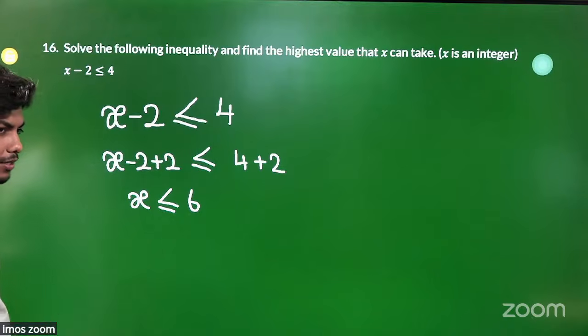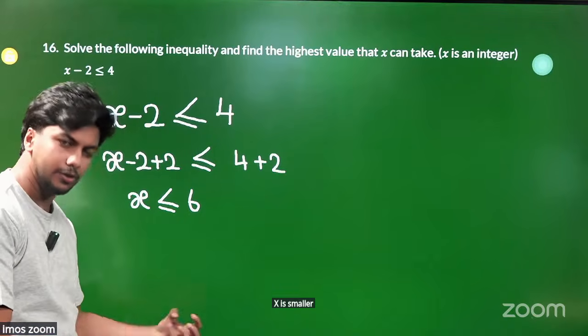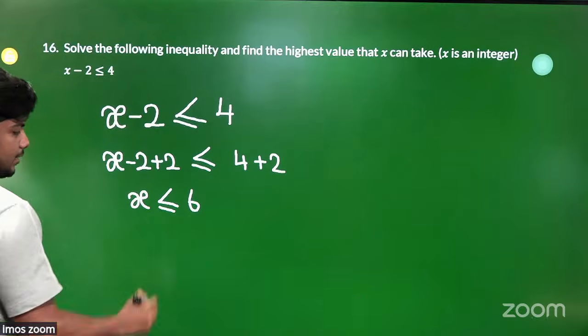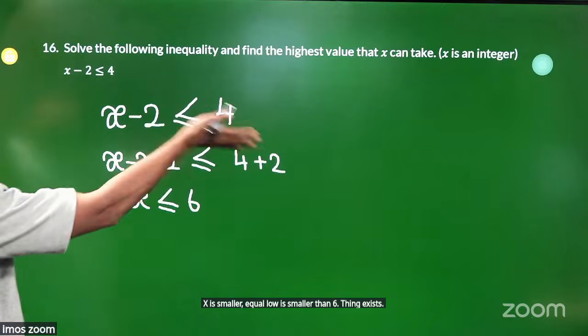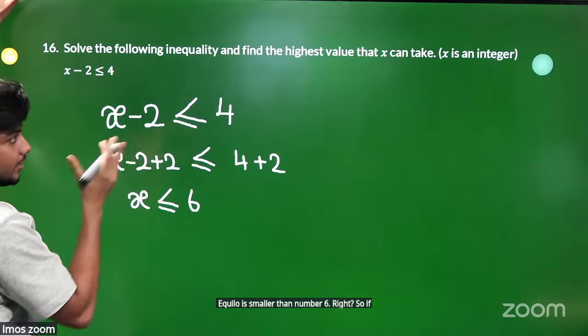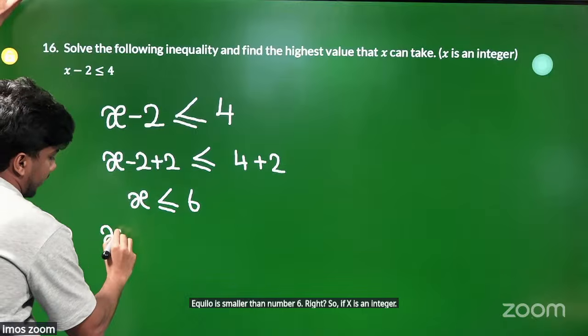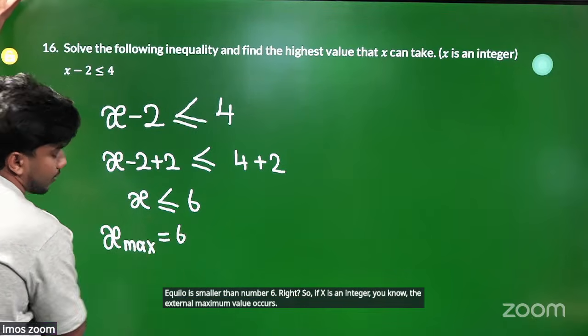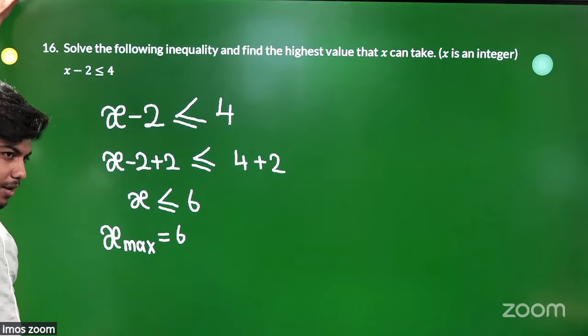X is equal or smaller than 6. Right? So if x is an integer, the x maximum value is 6.